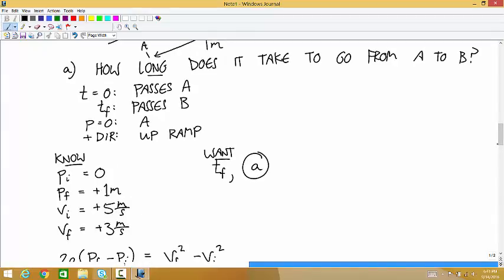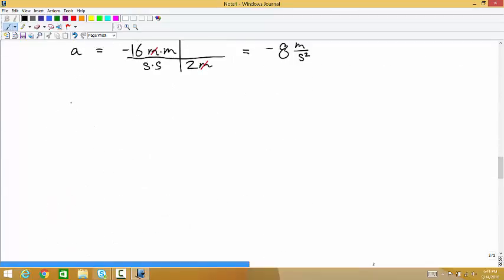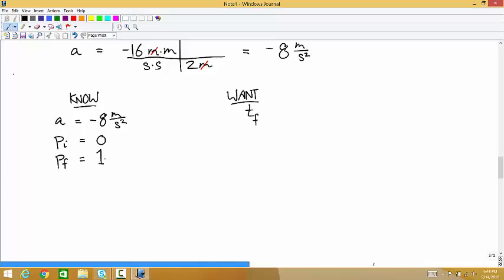Okay, so now we still know all this stuff, and now we know acceleration too. So we want to find TF. We know the acceleration is negative 8 meters per second squared. P initial is 0. P final is 1.